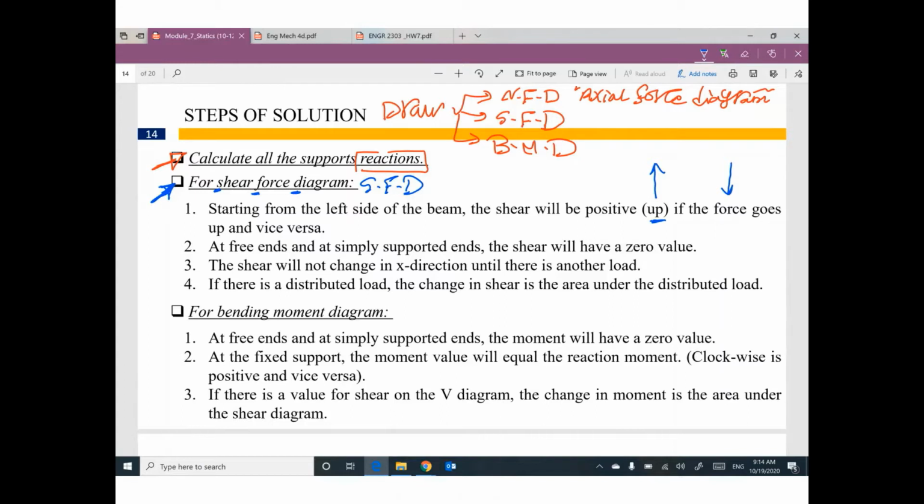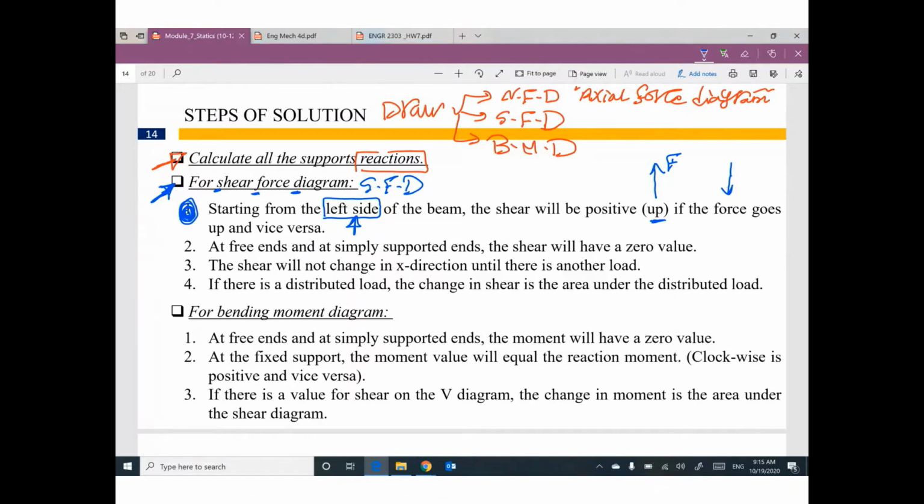In only one condition, if you start from the left side. Very easy. This rule is very important and very easy. If you have a force going up, go up. If you have a force going down, go down. But you have to start from what? Left side. Remember, just remember, left side.